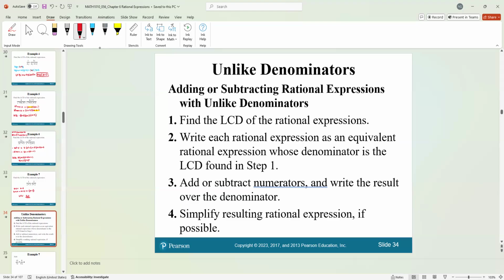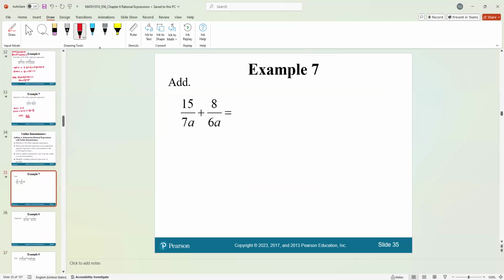We write each rational expression as an equivalent rational expression whose denominator is the LCD found in step one. Add or subtract the numerators, write the result over the denominator, and simplify the resulting rational expression if possible.